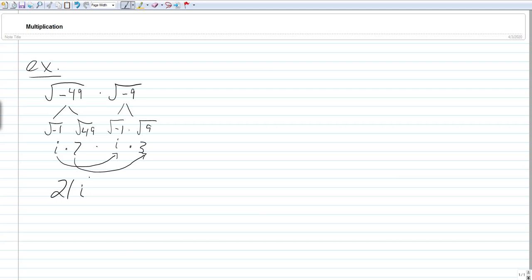The unwritten 1 is an exponent for each, so 1 and 1 would give you 2, so you'd have i squared. 21 i squared. And then recall that i squared is equal to -1, so that your answer is -21.